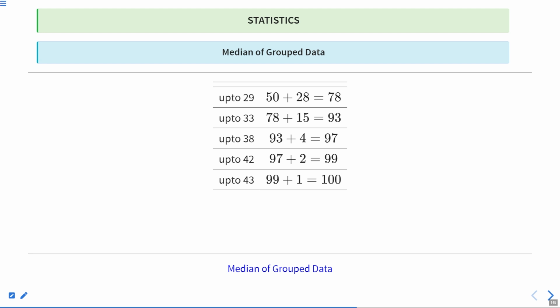After 33, 78 plus 15, that is 93. Up to 38, 93 plus 4, that is 97. Up to 42, 97 plus 2, that is 99, and up to 43, 99 plus 1, that is 100.